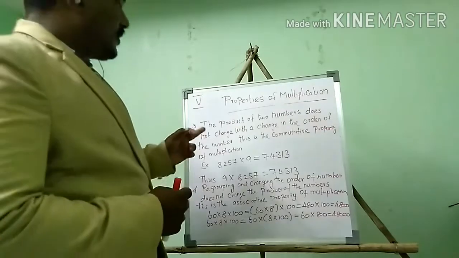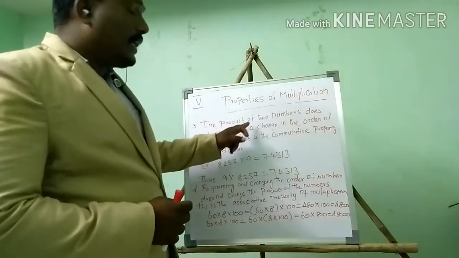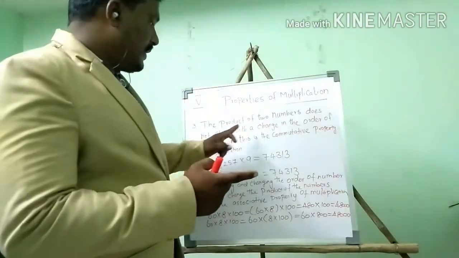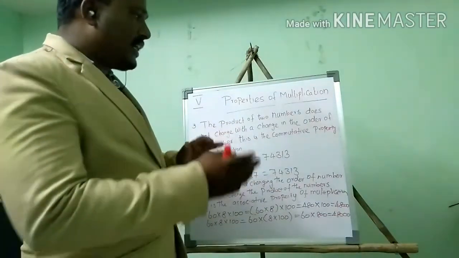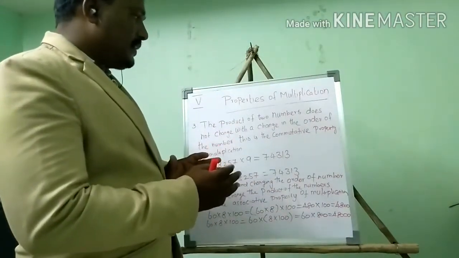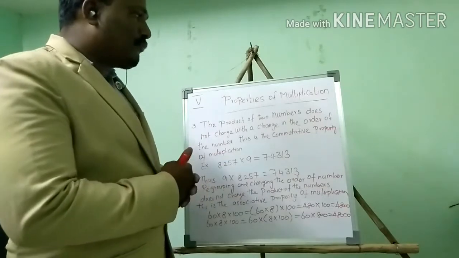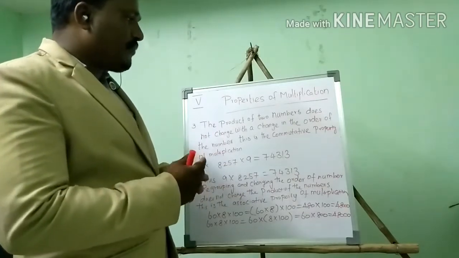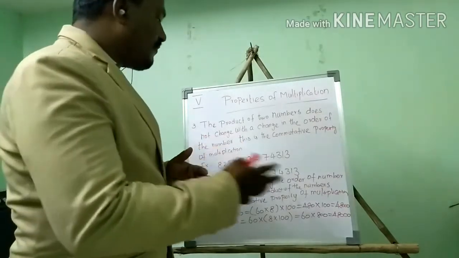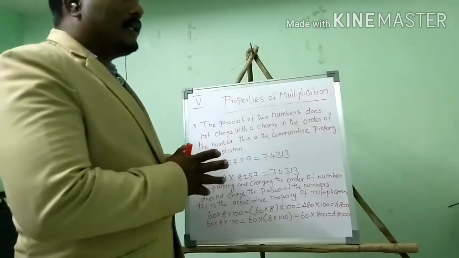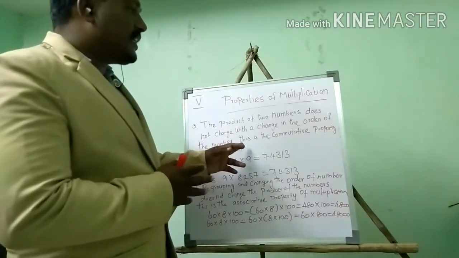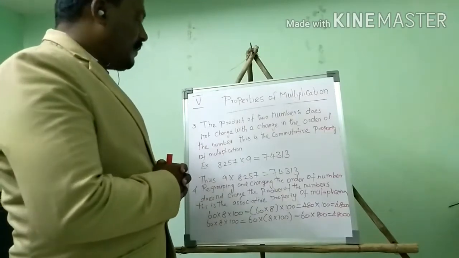What is that? The product of two numbers does not change with a change in the order of the numbers. This is the commutative property of multiplication.